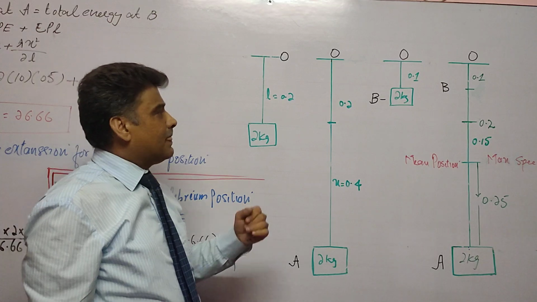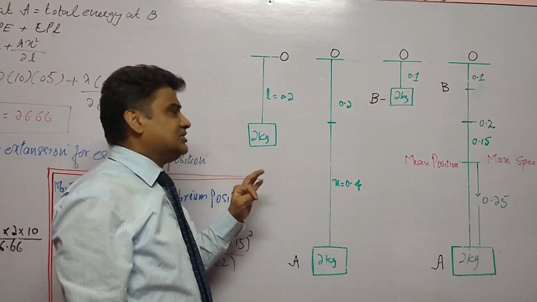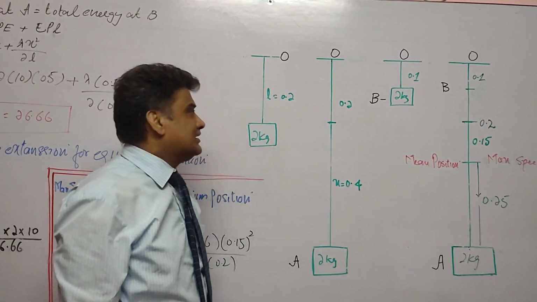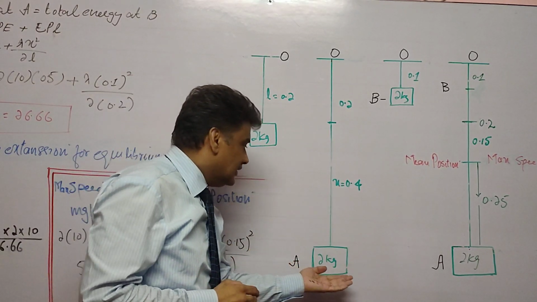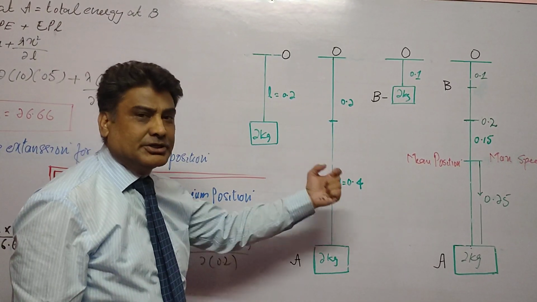Hence, the gravitational potential energy at that point will be equal to mgh, where the value of h will be 0.5. But when it moves in upward direction, its elastic potential energy continuously decreases.